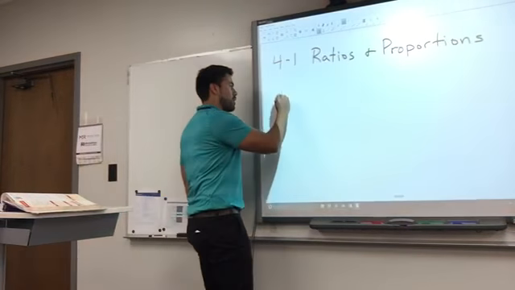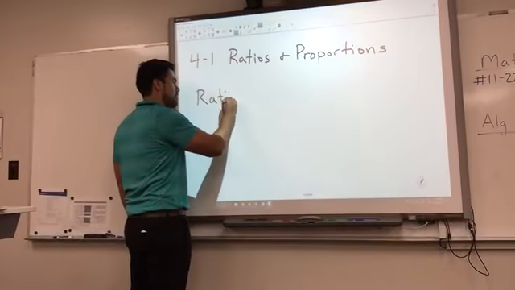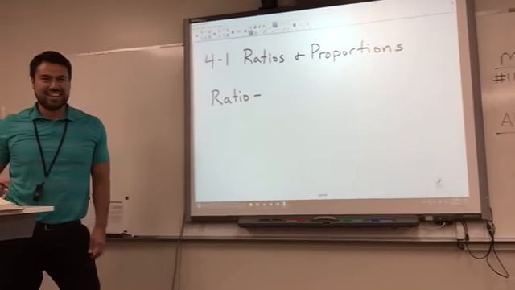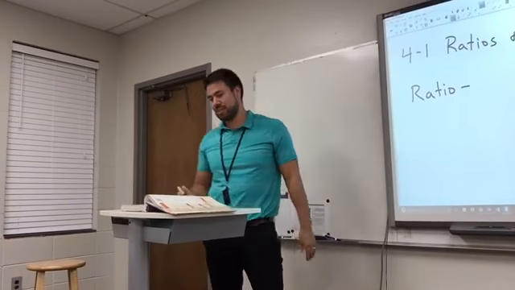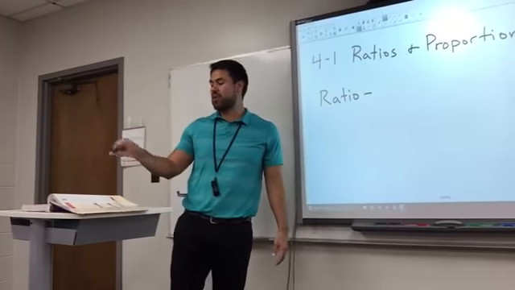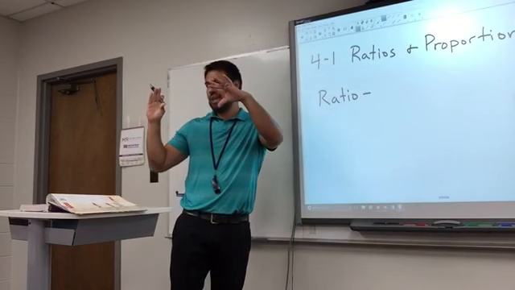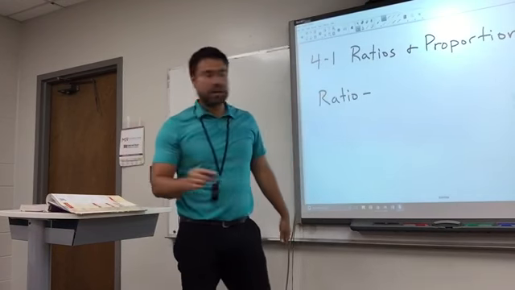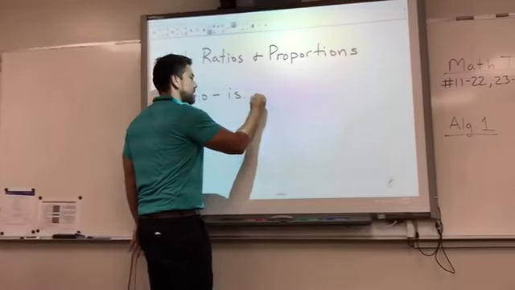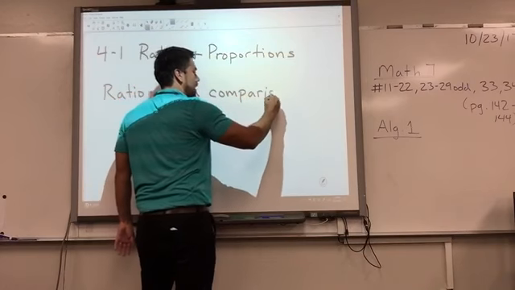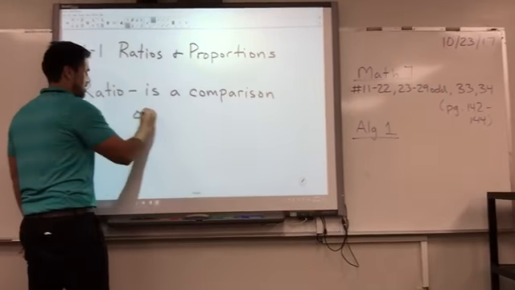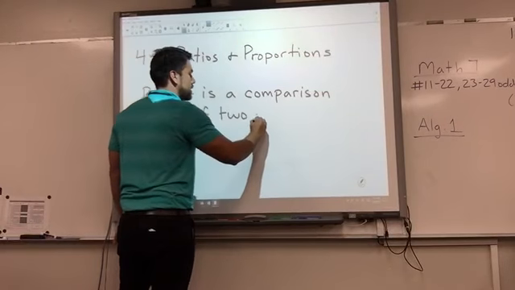So let's talk about what a ratio is. This stuff is easy. If you just pay attention, it shouldn't be that hard. Do you guys see where it says ratio in bold? It gives you the definition right after that. What's a ratio? It is a comparison of two numbers.